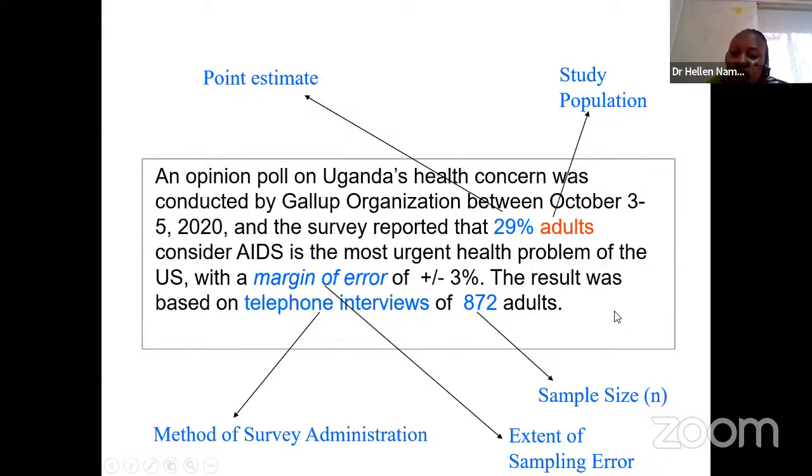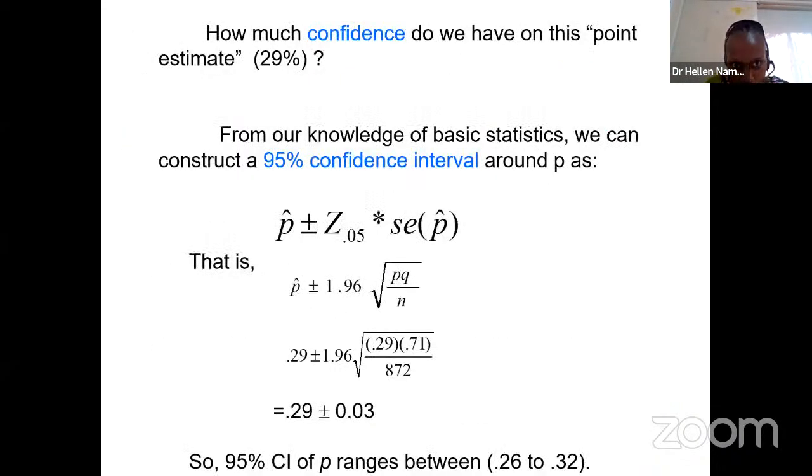So as you're reporting, or as you're going to do your survey, it is always important that you know your sample size, what N you are going to use, such that by the end of the day, it supports you to achieve your objectives or the conclusion that you want. And in case somebody replicates that study using the same size N, that person can also come up with a similar result.